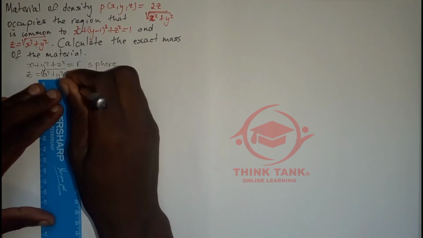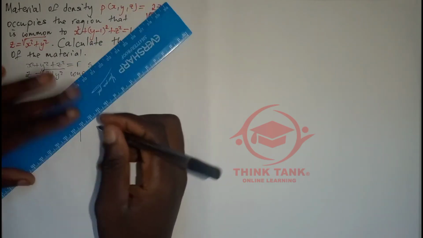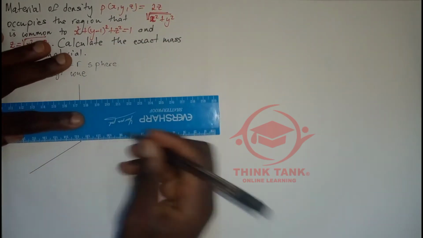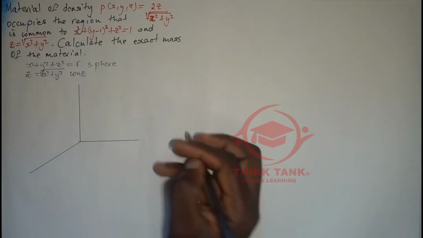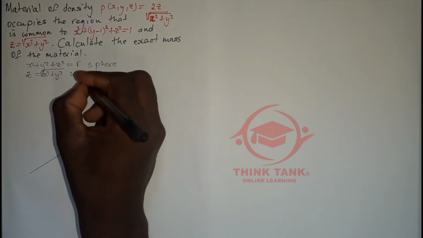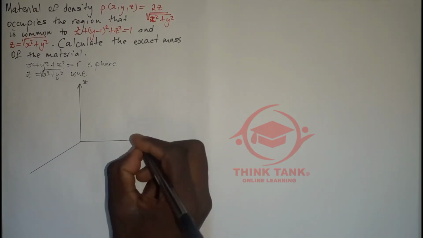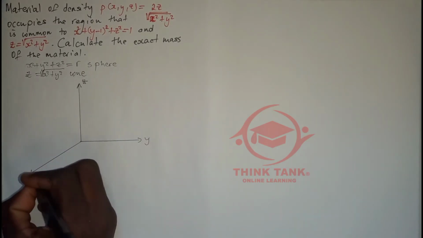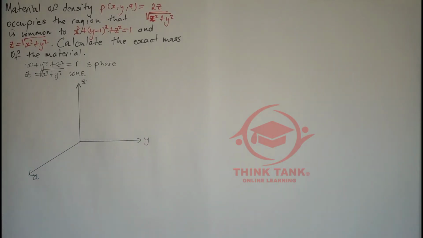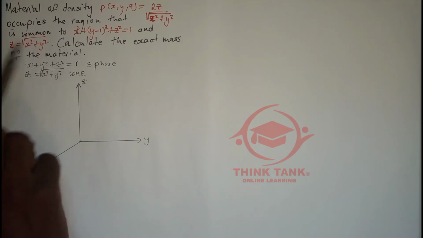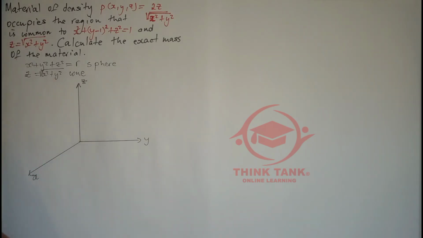So I'm going to draw my xy plane. This one will be the z-axis, y, and x. I'm going to start by first drawing the cone, but you have to know that we're not given any bounds, so the cone is on the upper part and on the lower part.